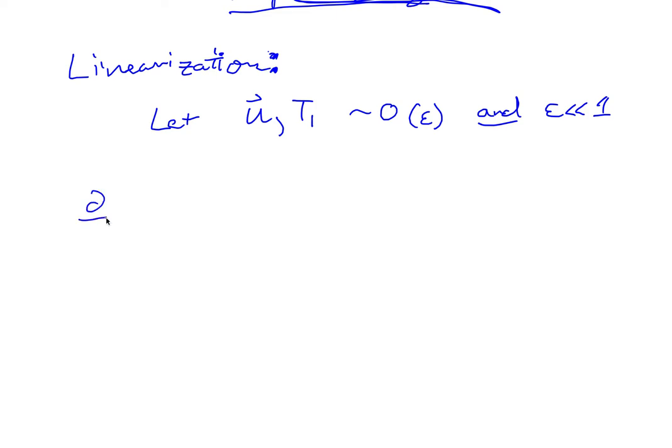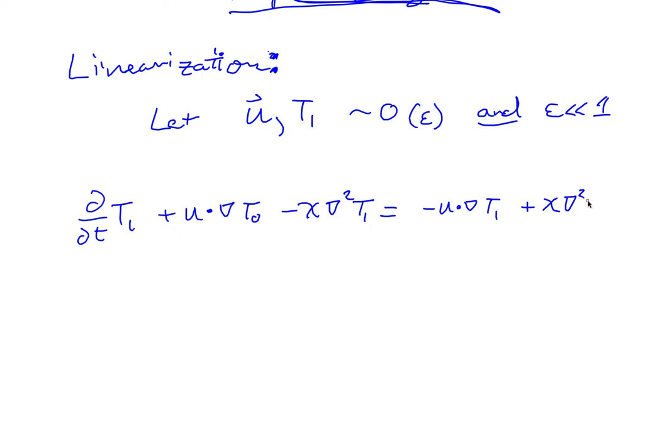We have d by dt of t1, plus u dot grad t0, we have our diffusion term, chi del squared t1, and we have this equal to minus u dot grad t1, and plus chi del squared t0, our constant heating term.